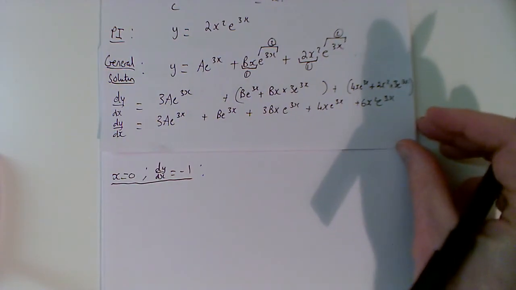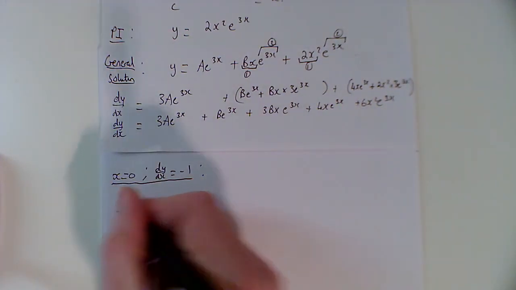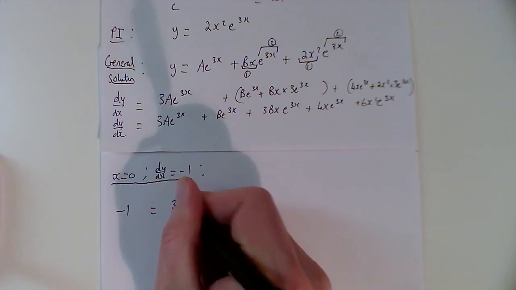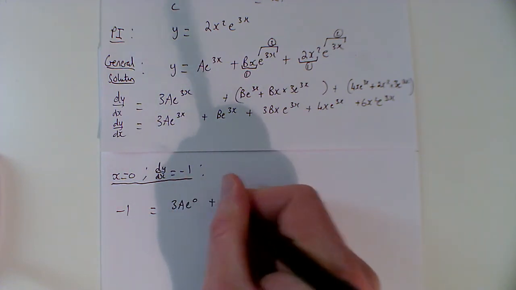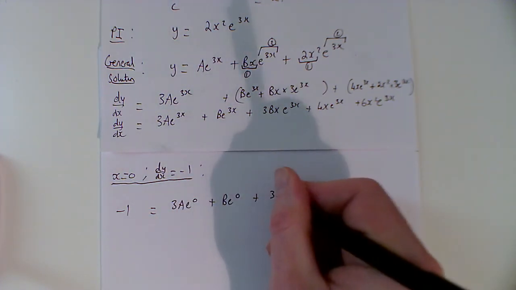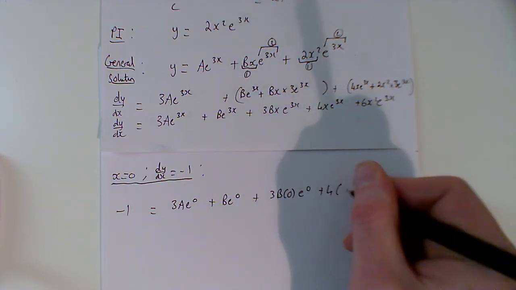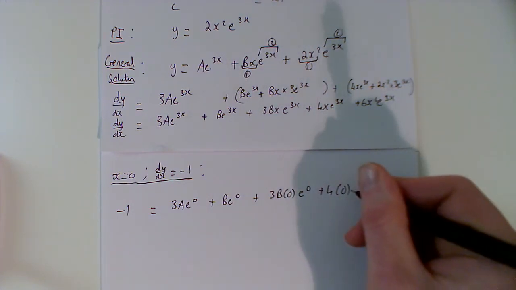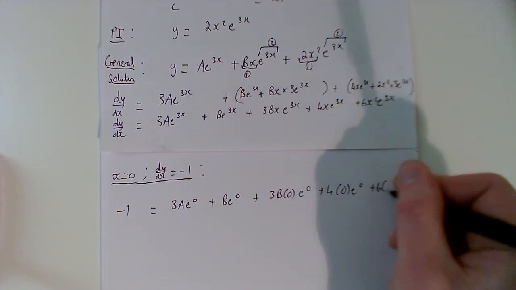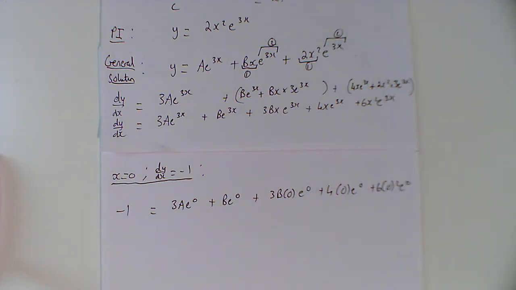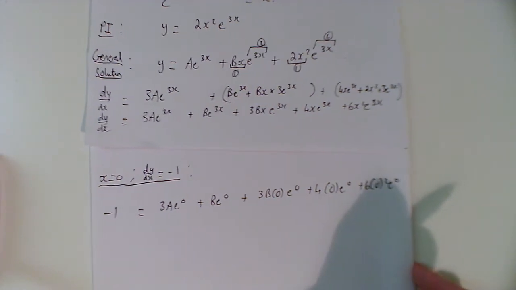Right, so -1 equals 3a e to the power of 0 plus b e to the power of 0 plus 3b 0 e to the power of 0 plus 4 0 e to the power of 0 plus 6 times 0 squared e to the power of 0.